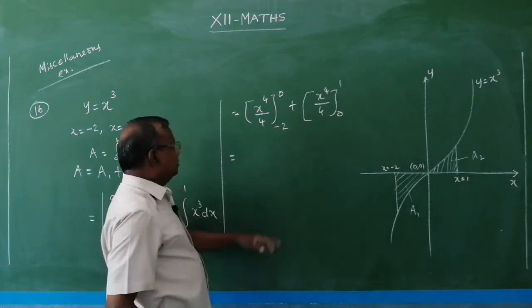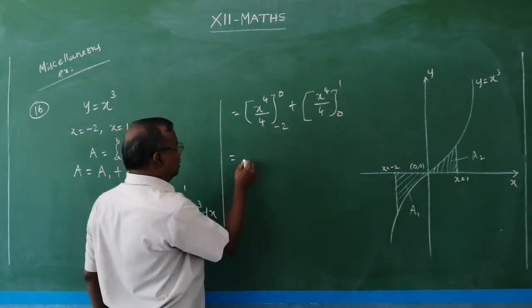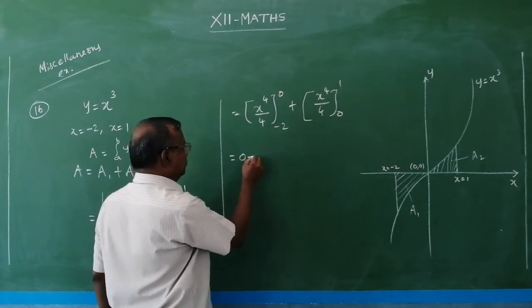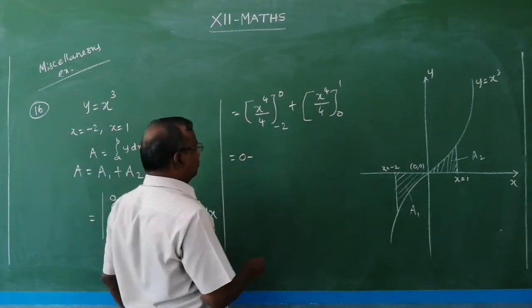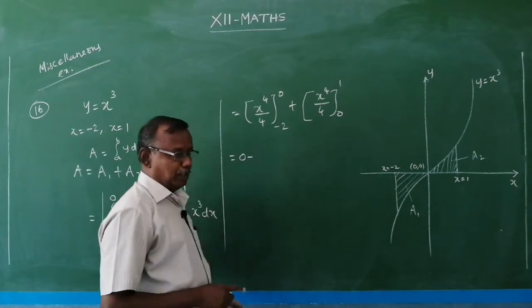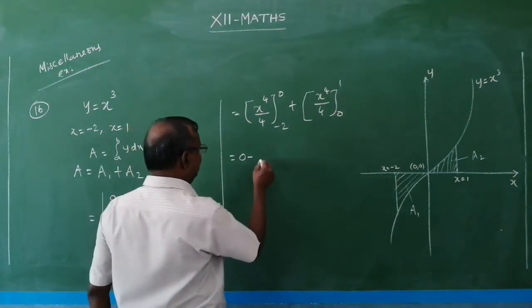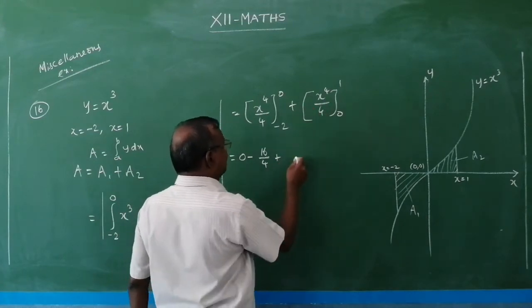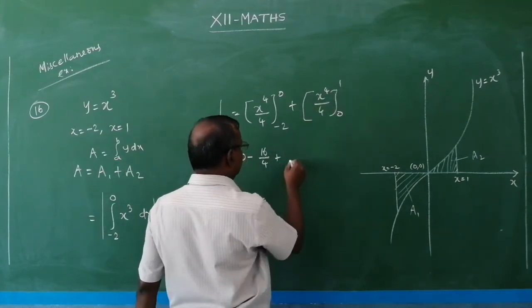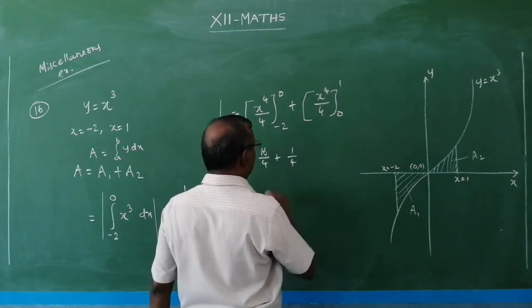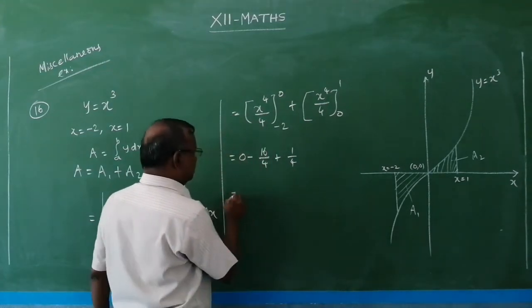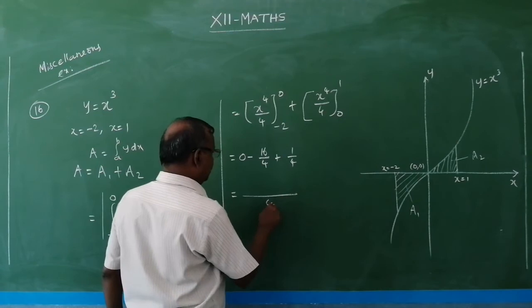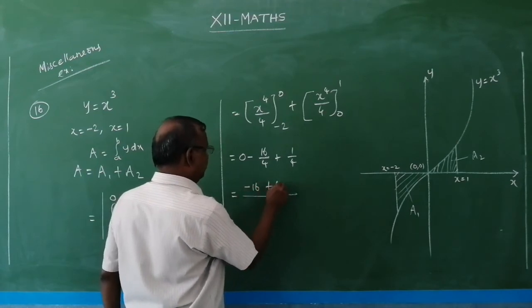This is equal to, the upper limit is 0 and the lower limit is minus 2, so x power 4 means minus 2 power 4, that is 16 by 4, and plus the upper limit 1, that is 1 by 4, and the lower limit is 0. So this is equal to 0 minus 16 by 4 plus 1 by 4.